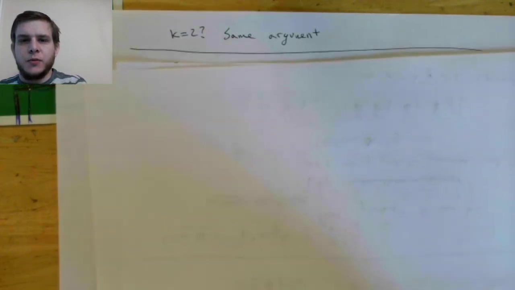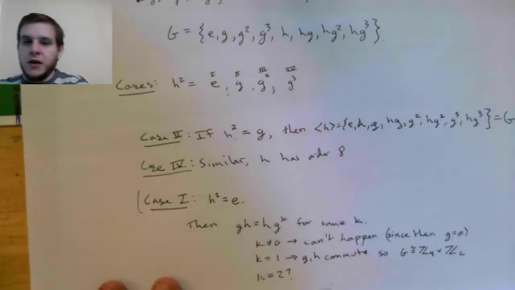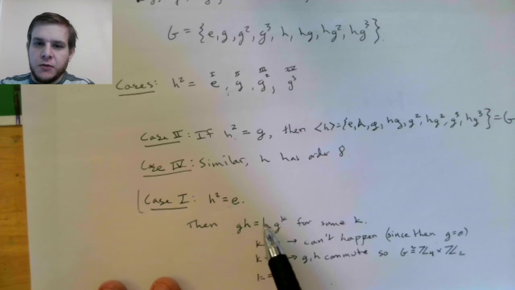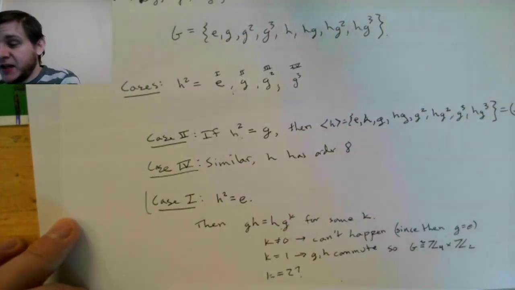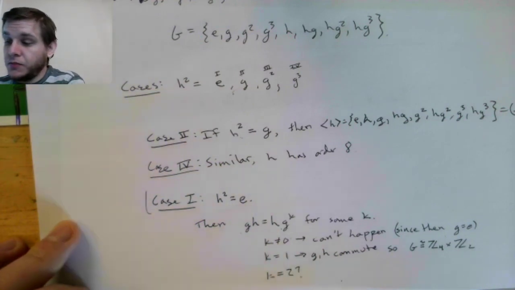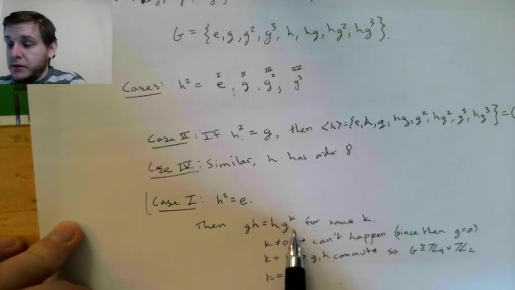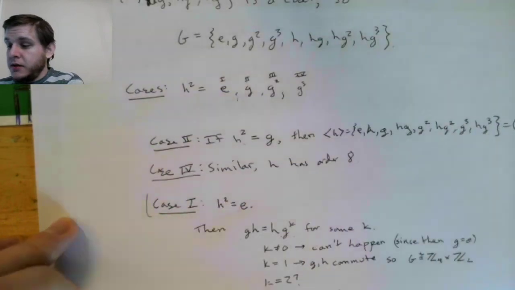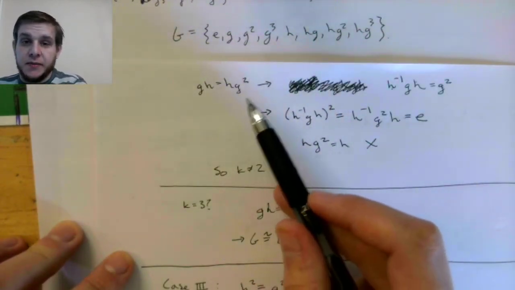So what happens when K equals 2? Well, the same argument as before works. If K equals 2, then GH equals HG squared. And I'm in fact going to be back in the case where I have two elements that are conjugate that have different orders.